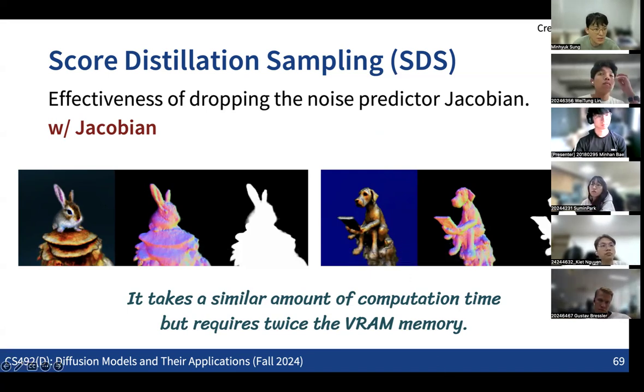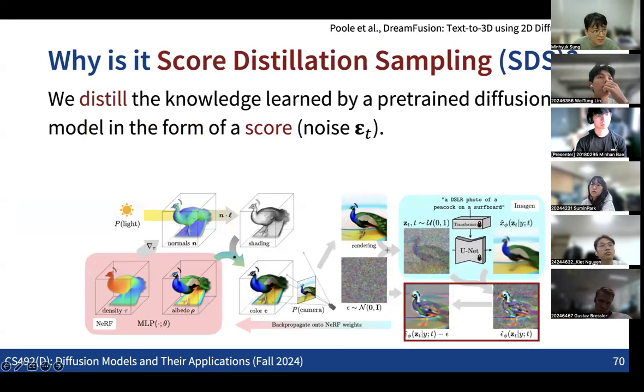And why is it called score distillation sampling? This is an example where we are distilling the knowledge learned by the pre-trained diffusion model into the form of a score, right? So we use the information of this score to see whether the image rendered from the 3D representation looks realistic or not.